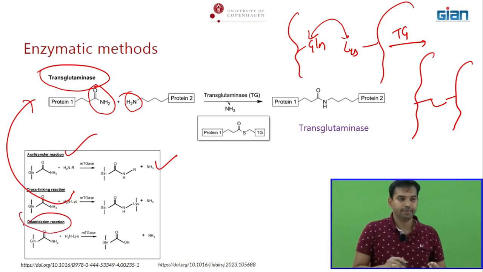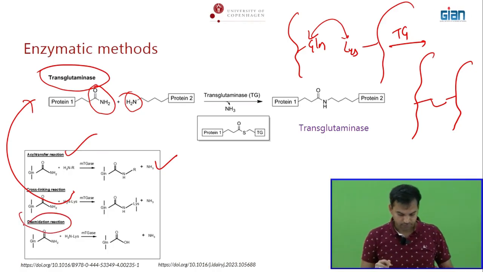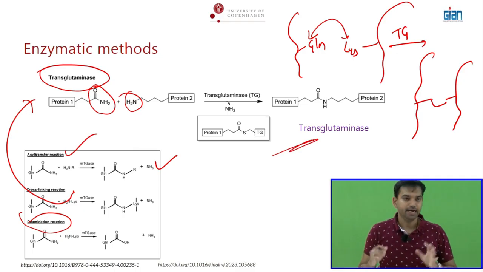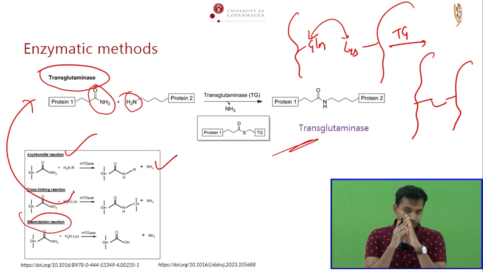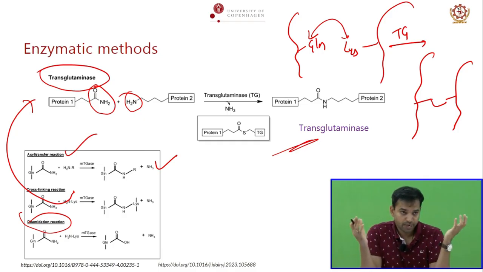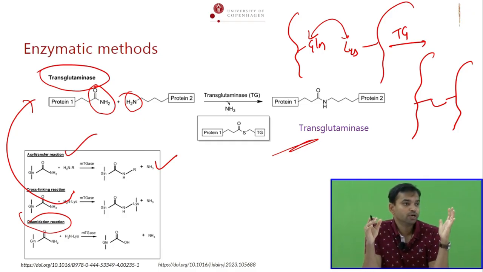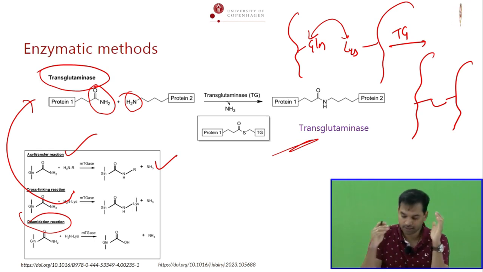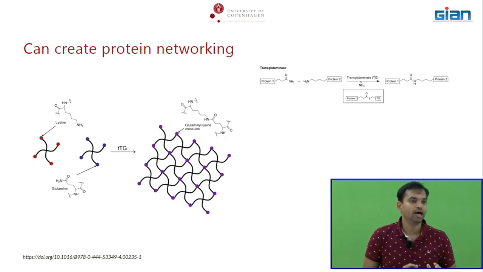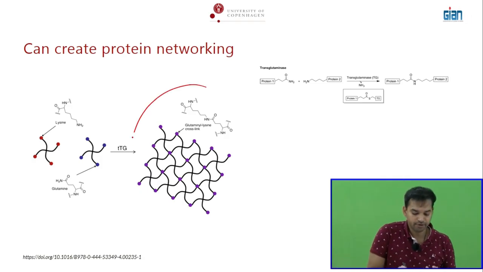It can also do deamidation, which we will cover later. For now, just remember it can cross-link two proteins together. It can also cross-link multiple proteins together, doing intermolecular transglutamination, an intermolecular reaction. When it does intermolecular cross-linking, then you get a new structure.